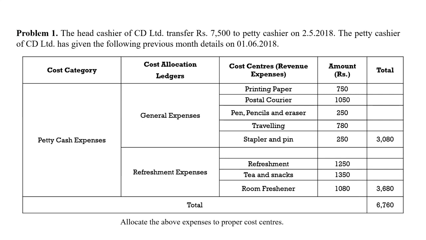That's all. So now, actually what happens if I do not consider cost centers in this particular problem? Plain and simple, I will pass a single journal entry: general expenses account debit 3080, refreshment expenses account debit 3680, to cash or to petty cash, whatever.